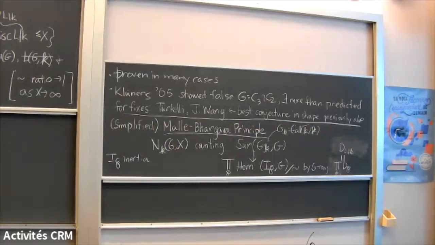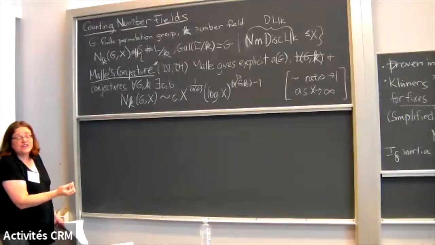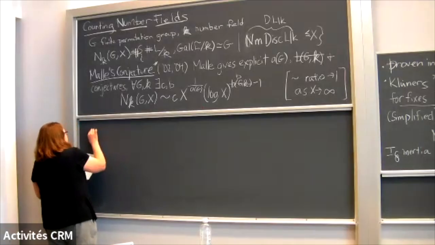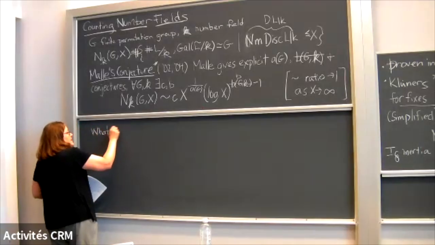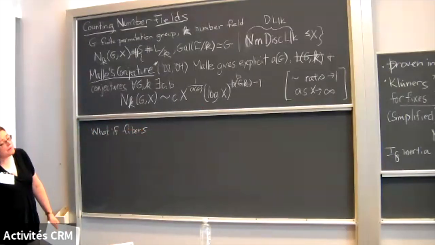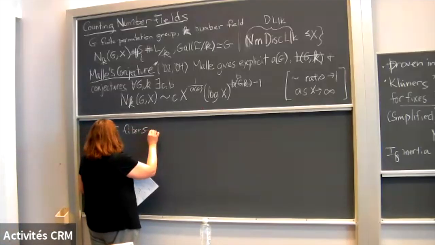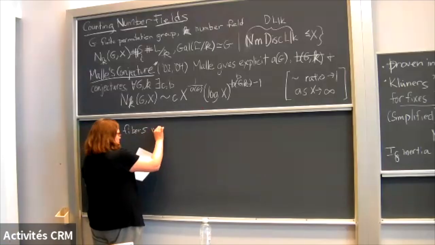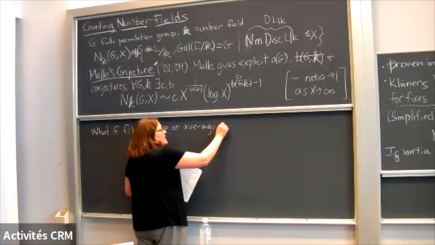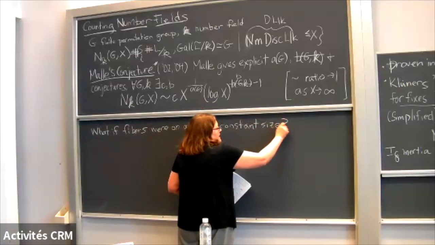And so the speculation behind the principle is, what if the fibers of this restriction map were on average constant size?